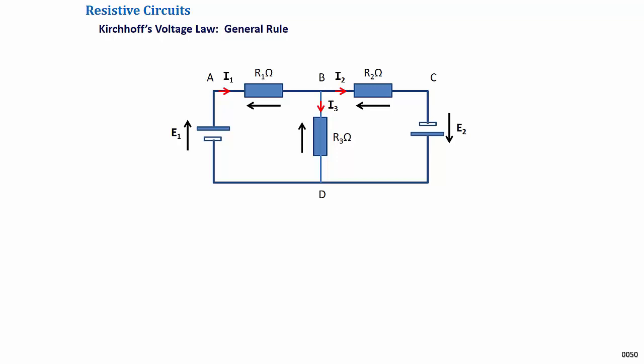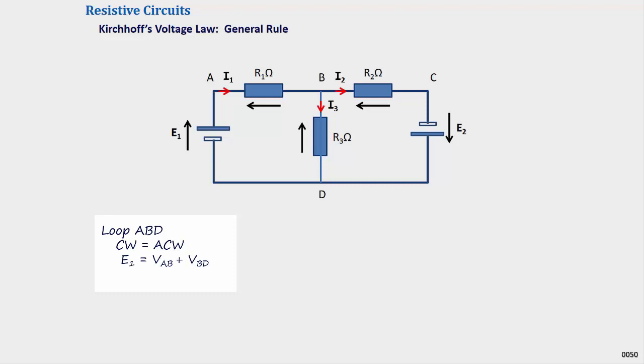Kirchhoff's voltage law, KVL, as the name suggests, only deals with voltages. So the diagram should show all the potential arrows and, where necessary, use Ohm's law to convert all other values to voltages. So applying KVL generally to the diagram shown, for loop ABD, clockwise voltages equal anti-clockwise voltages.